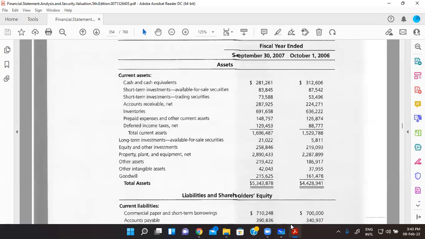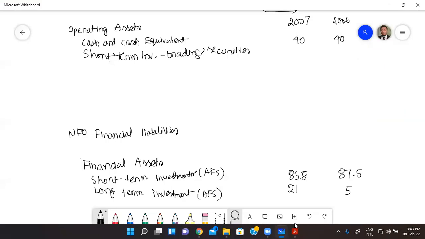We made 73.6 in 2007 and 53.5 in 2006. Next one.